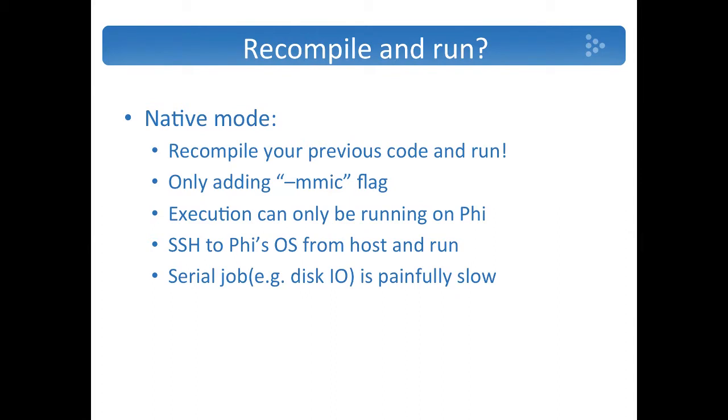Well, there is a big disadvantage if you're using native mode, which is that serial work will be painfully slow. If you are running a serial job like reading and writing files, it will be painfully slow on Xeon Phi, because you know that each x86 core is somehow weak and very old.